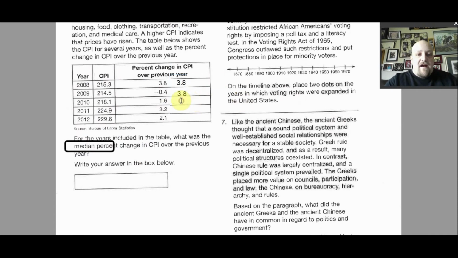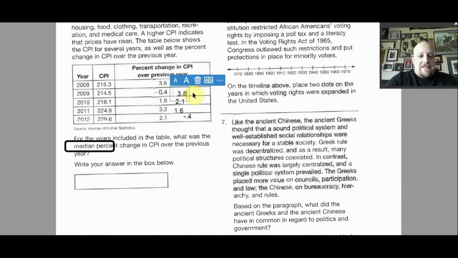After that, you're going to have 2.1, 2.1, 1.6, 1.6, and then your lowest is obviously going to be negative 0.4. So when you look at this, what's your middle number here?